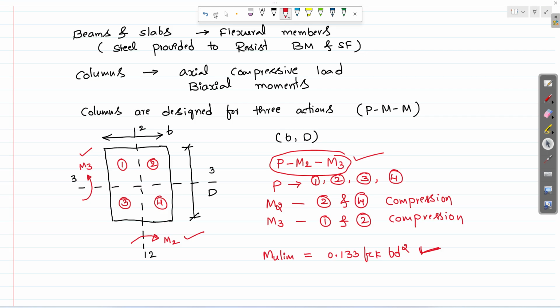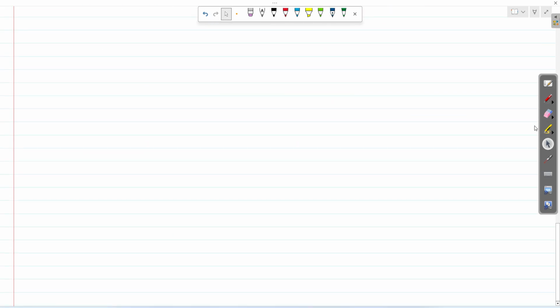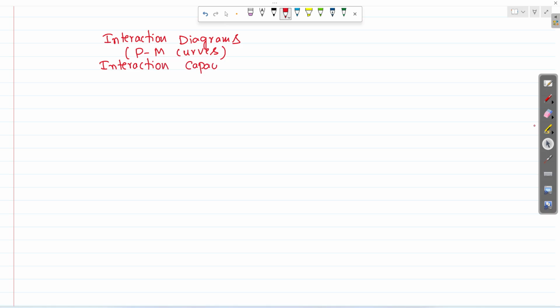So for calculating column capacities, we make interaction diagrams, or we call them PM curves, or sometimes interaction capacity curves.